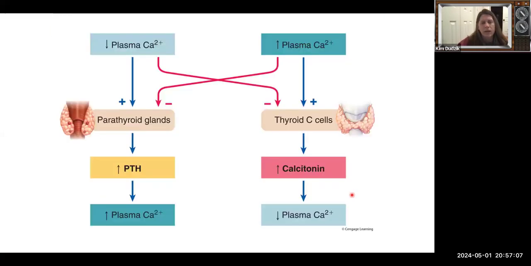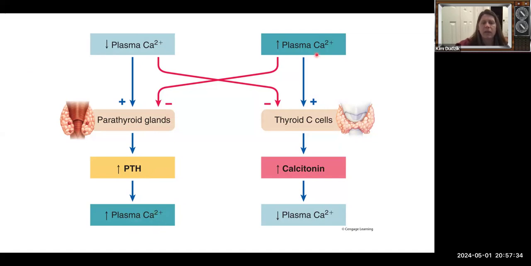And so you kind of see that, just like we saw with insulin and glucagon, the same with parathyroid hormone and calcitonin. As plasma levels of calcium go down, the parathyroid glands get stimulated to increase the amount of parathyroid hormone released. And the overall effect is to increase plasma calcium concentrations.